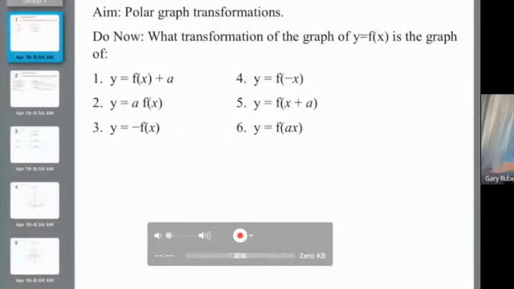You could take a minute and type into the chat what happens in rectangular coordinates when you do these various transformations. Okay, so you can start typing stuff in about 1 through 6.